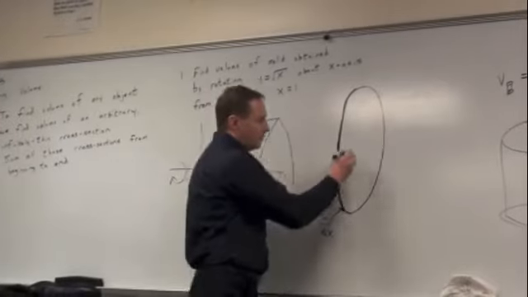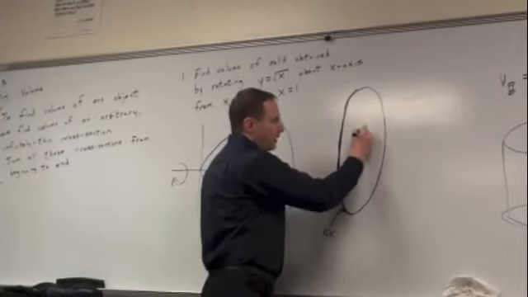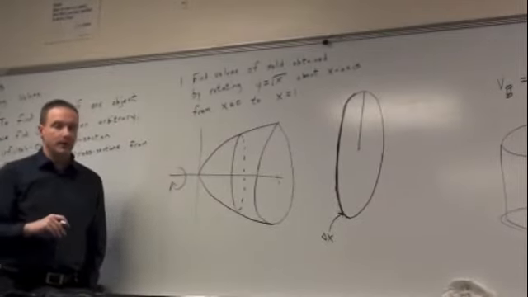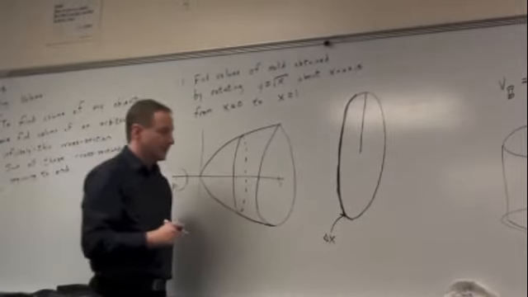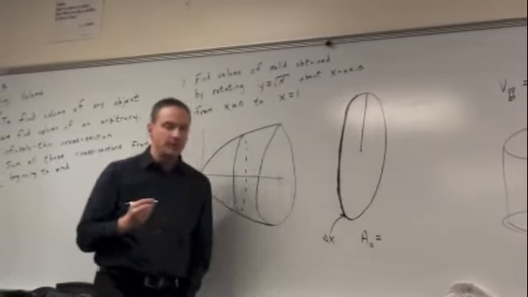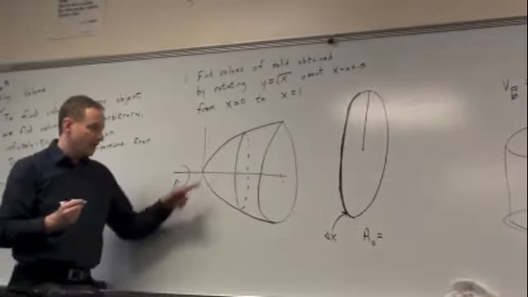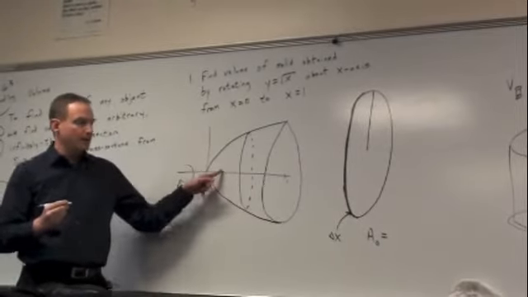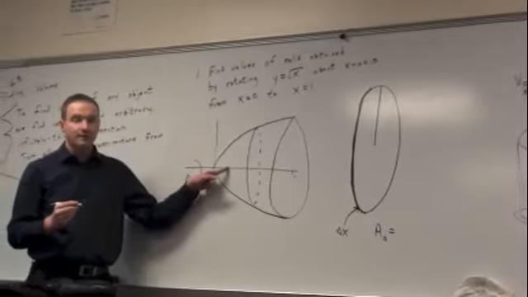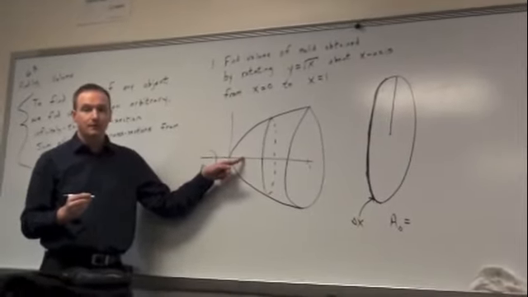Now if I ask you for the formula for the area of any of these cross sections within this region, it might help to come back over here. Where is the center point coming from? The center point is the axis of revolution, the x-axis.